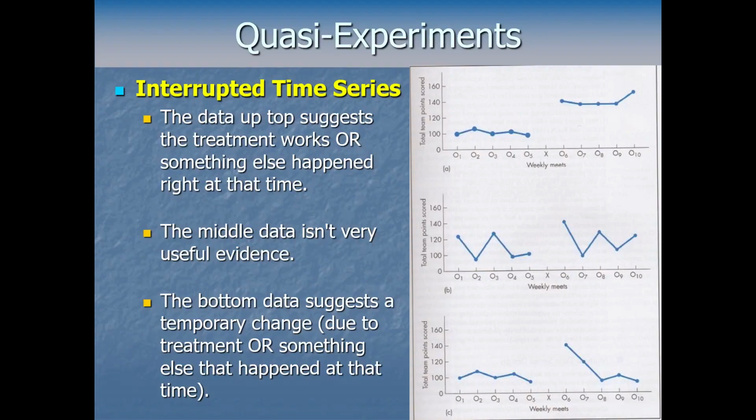So that might suggest that our treatment has an effect, but it's a short-term effect, kind of not very long-lasting, or that something else happened at that time. So you can see how no matter what our results are, no matter what our interrupted time series design finds, we can't be sure that our treatment is what caused it.